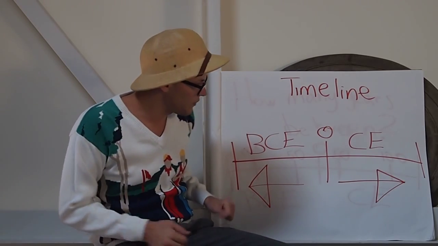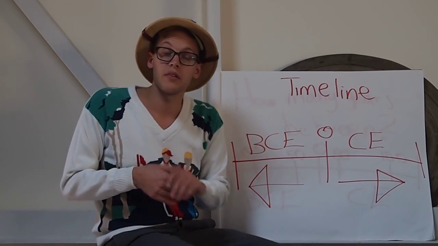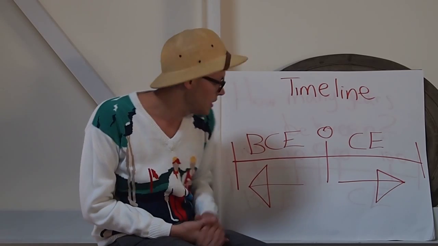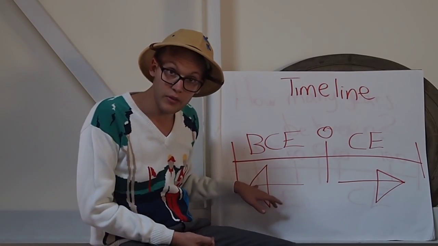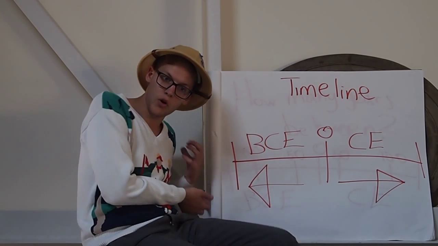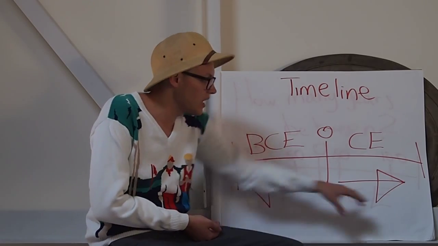If the timeline did have arrows on the end, that means the timeline is only a snippet of what actually is on the timeline. So if this was the actual timeline and we had the arrows, that means there is more timeline over here. The author just didn't put it on the timeline. Same with over here.